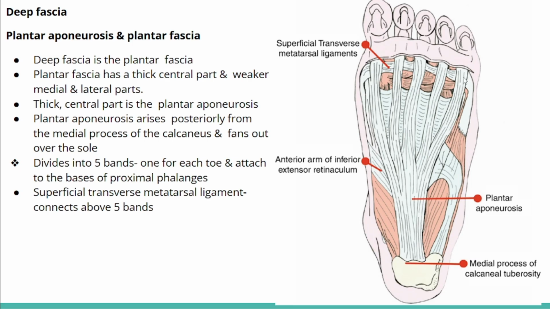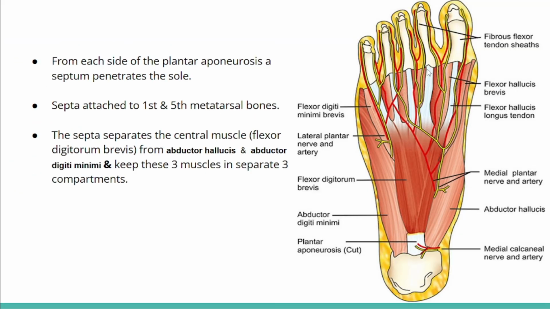Medial and lateral to the plantar aponeurosis, the fascia is usually weaker than the central plantar aponeurosis. Now again, from this plantar aponeurosis, 2 septa penetrate the sole and attach to the first and fifth metatarsal bones. These 2 septa separate the central region from the medial and lateral regions.